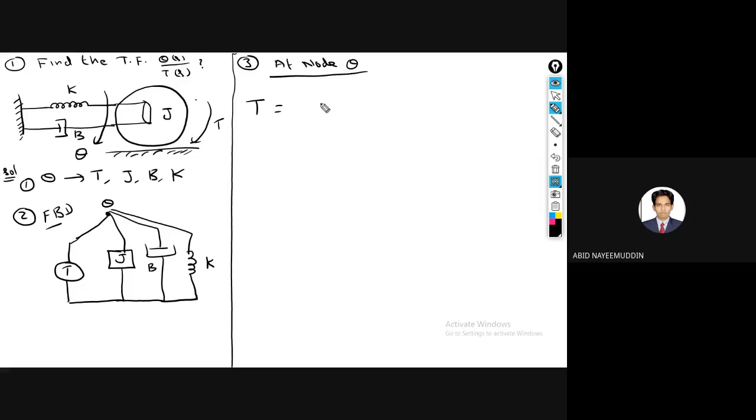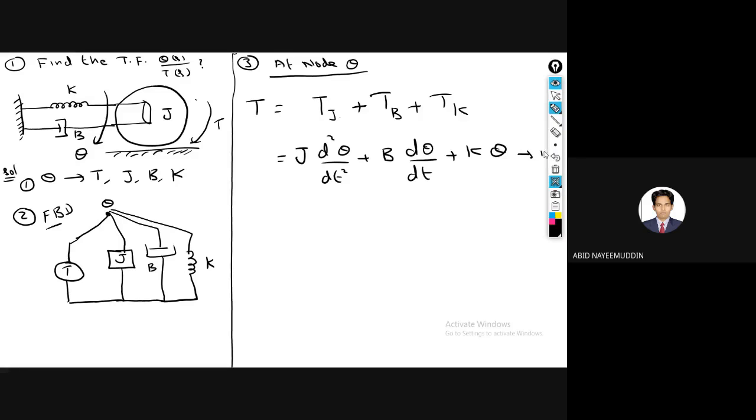Input is torque T, and the output will be the torque due to J, plus the torque due to B, plus the opposing torque due to K. All of you are aware of the expressions. So T is equal to J d square theta by dt square plus B d theta by dt plus K theta. Equation 1.